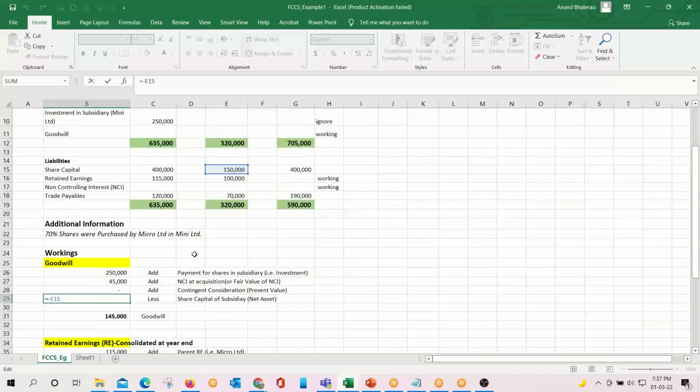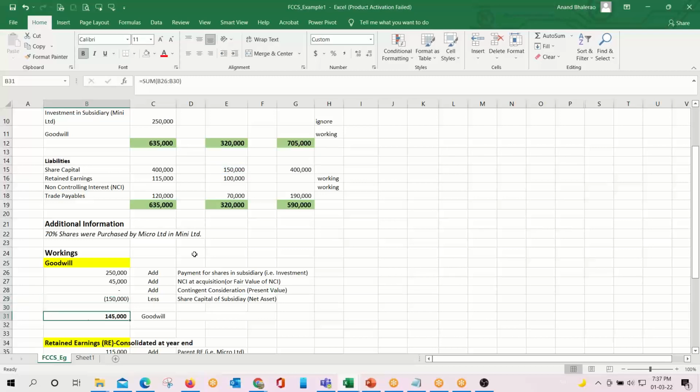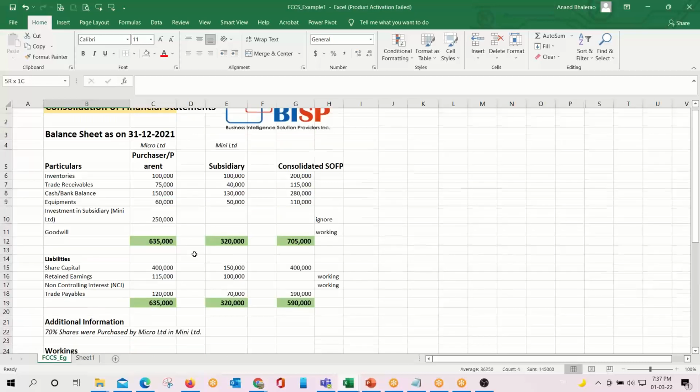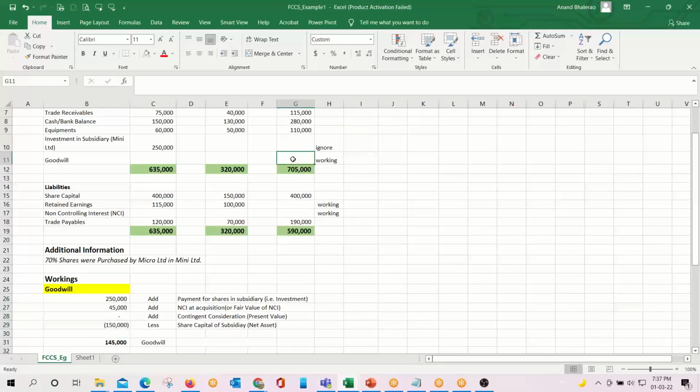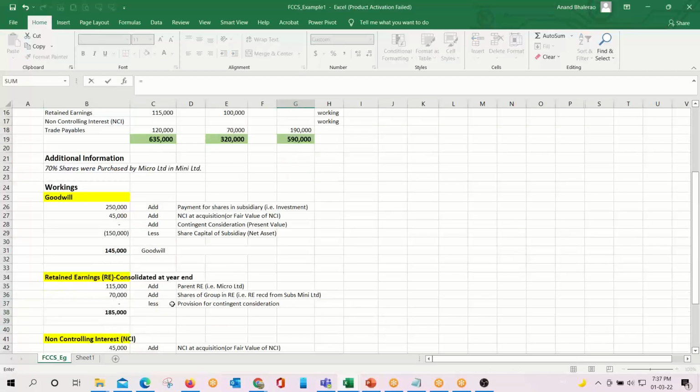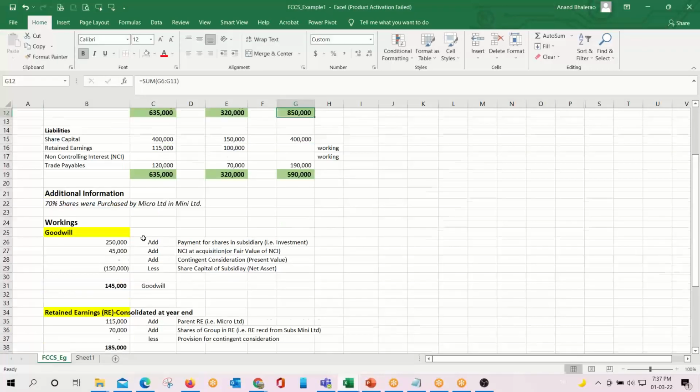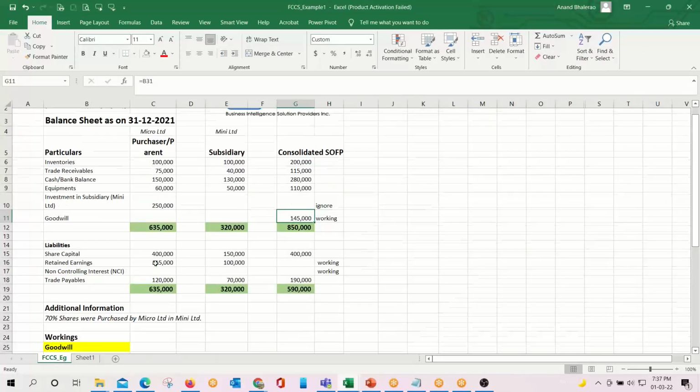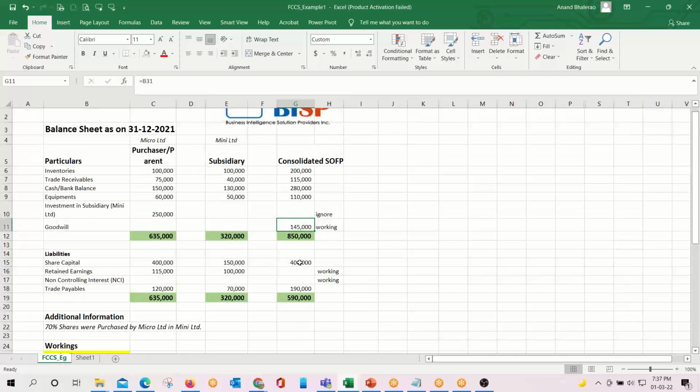The capital as on date was 1,50,000. So the net figure comes to 1,45,000. This will be our goodwill, because we are paying more than the value of the subsidiary.